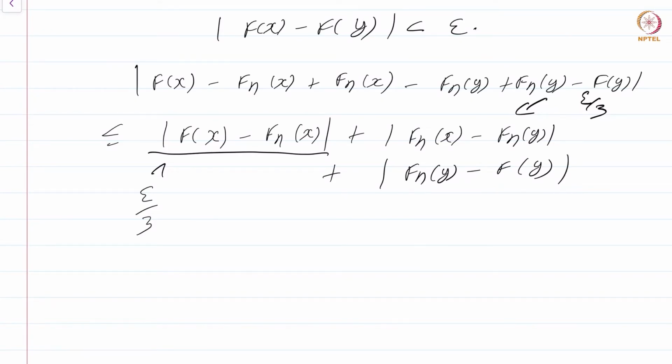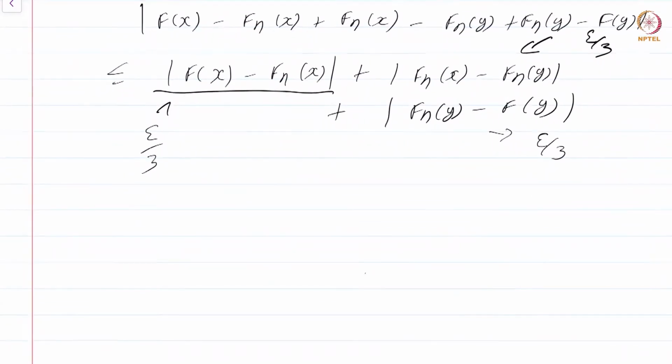And the third term can be made less than epsilon by 3 for exactly the same reason, Fn(y) converges to f(y). So you would think it is certainly possible to make |f(x) - f(y)| less than epsilon by choosing delta appropriately, but not so quick. Let's see what happens.